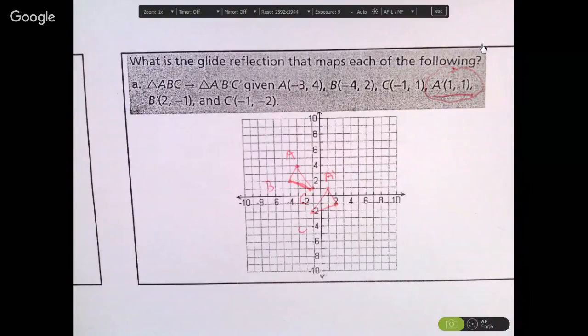Can you guys stop talking, please? I'd like you to, on your own, which means no talking, try to figure out this glide reflection. The first part is you want to map out what you think is going on the graph.